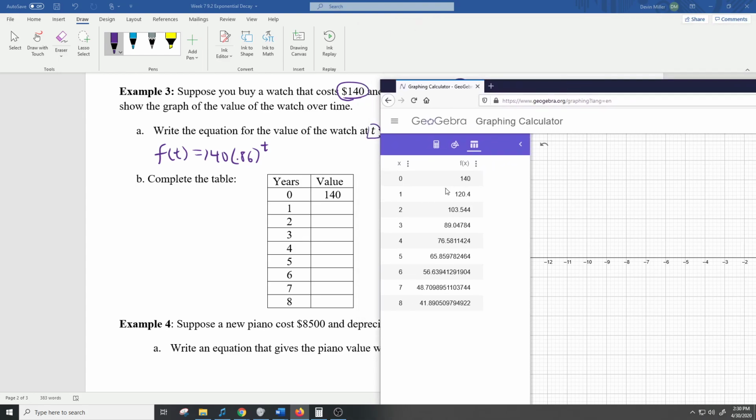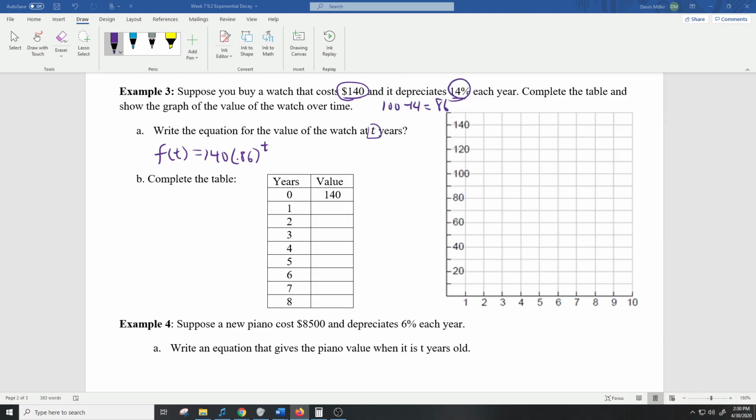At 0, it's worth 140. At 1, it's worth 120.4. So we can just copy these numbers over into this table, which I'm going to do. It's a little easier than putting it in every single time. At 1, it's 120.4. At 2, it's 103.54.